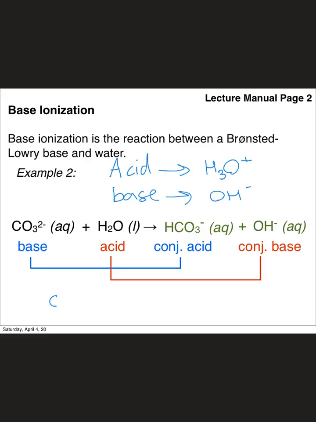Conjugate acid would have one more proton than its conjugate base or its base. Vice versa, an acid would have one more proton than its conjugate base. So that means no matter what, whether you are using the word conjugate or not, the acid is always going to have one more proton than a base.